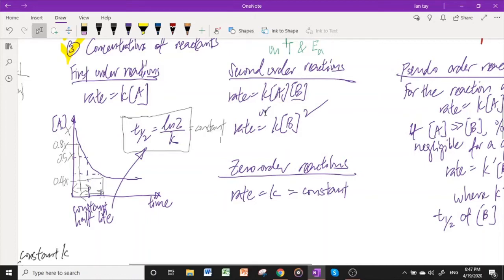Alternatively, a reaction with a rate equation dependent on the concentration of one reactant raised to the power of 2 is also called a second order reaction. Zero order reactions are reactions where the rate is not dependent on the concentration of any reactant at all, and is termed as a constant at a constant temperature.